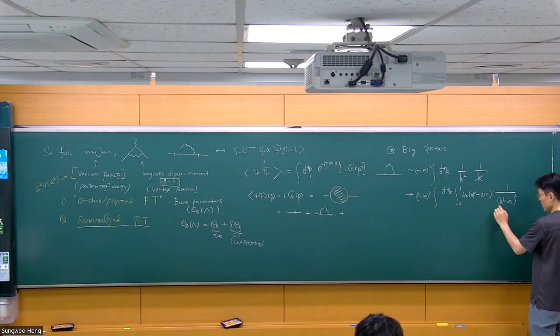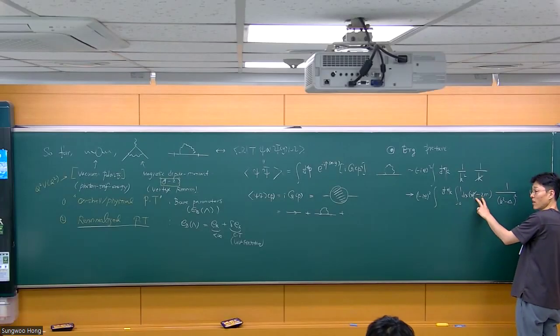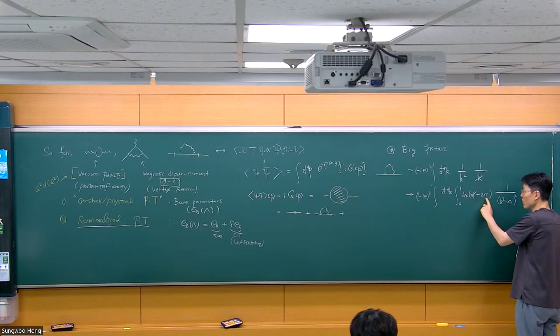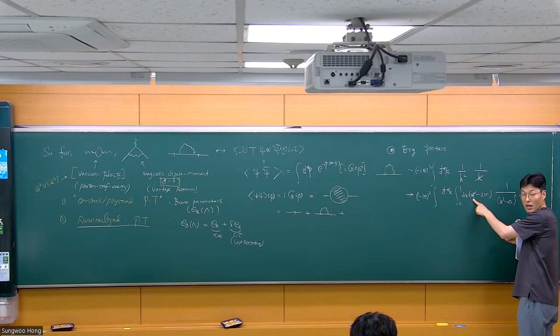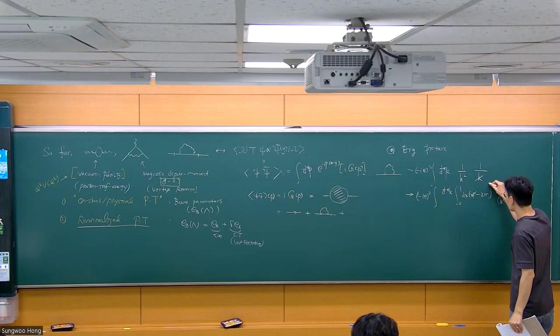What I'm saying is that a dimensionful quantity is made only of these finite, UV insensitive, IR parameters. In fact, if you go through the calculation, it includes extra pieces with K slash.